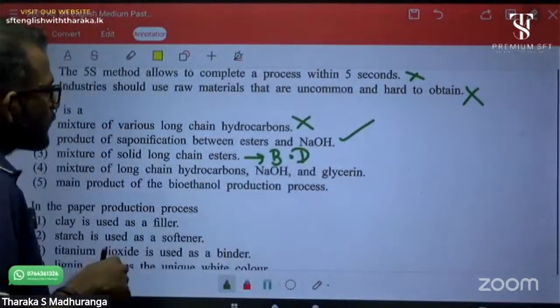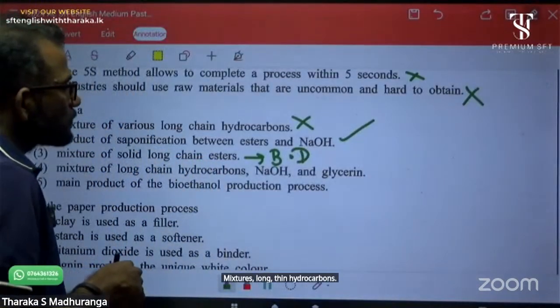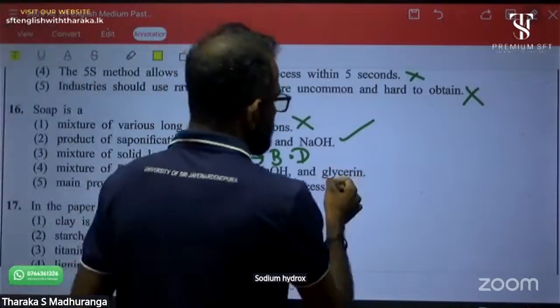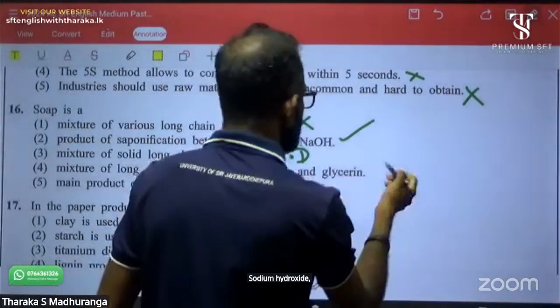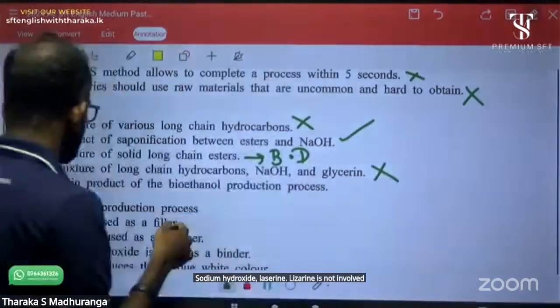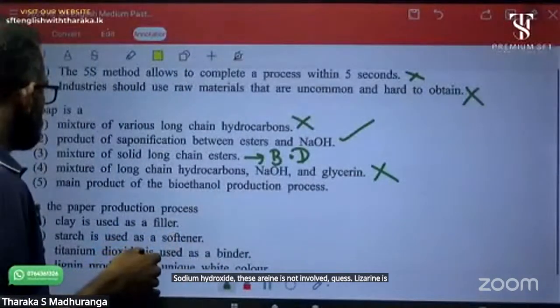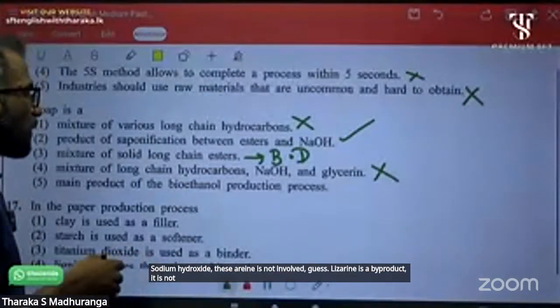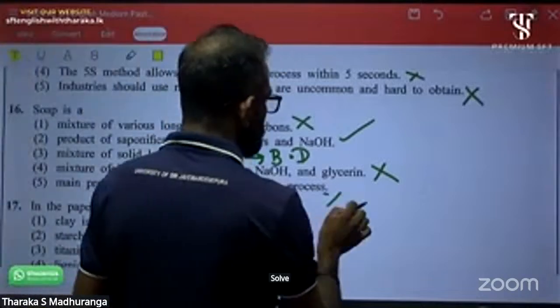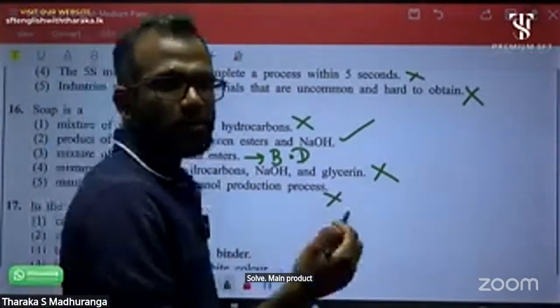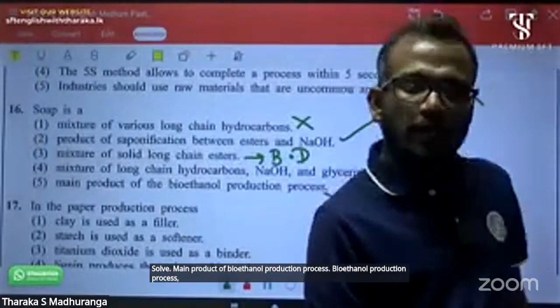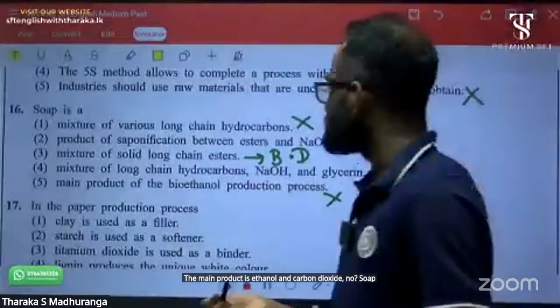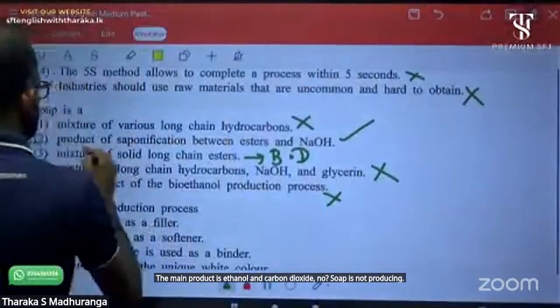Mixture of long chain hydrocarbons, sodium hydroxide, and glycerin? Glycerin is not involved in the product; it is a byproduct. The main product of the bioethanol production process is ethanol and carbon dioxide. No, soap is not produced. Right, answer number 2.